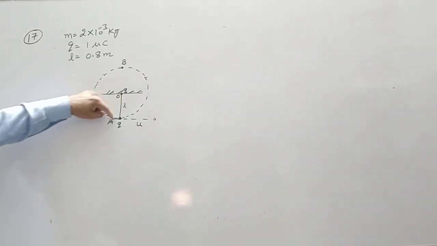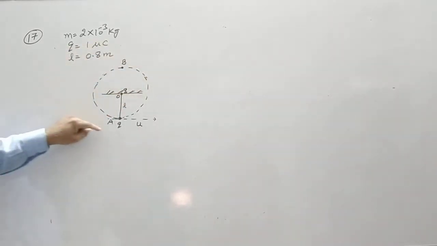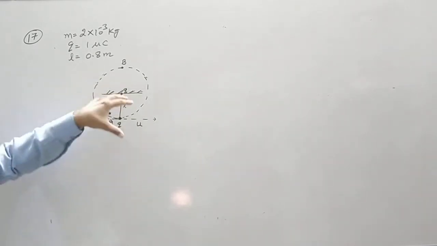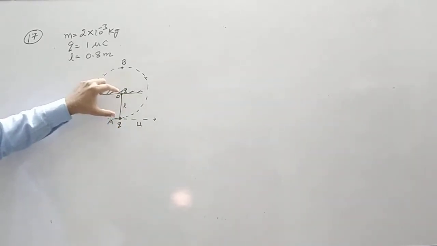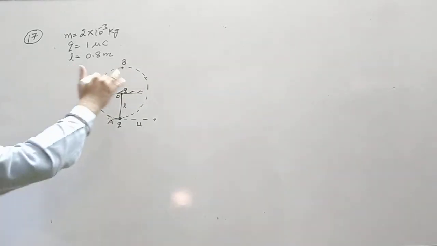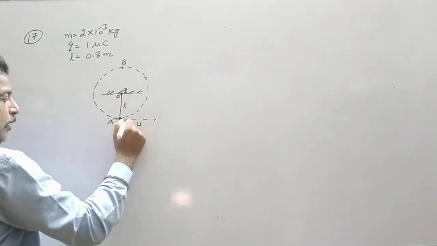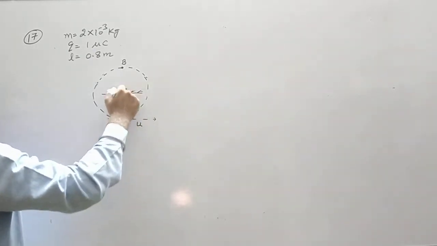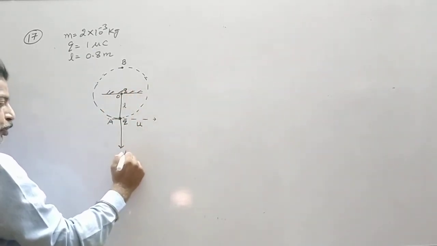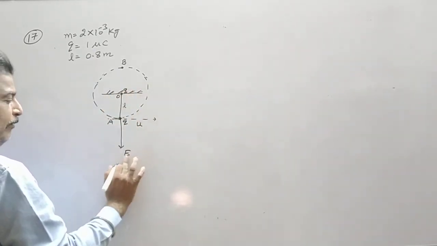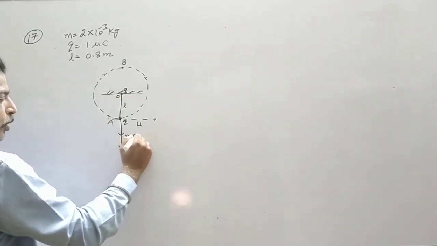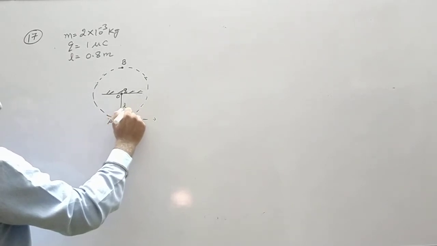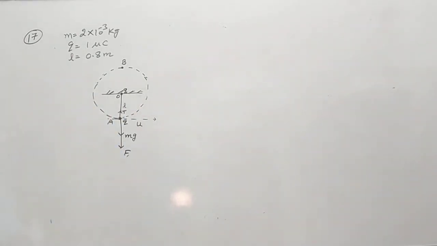When it is moving on a circle, its speed will keep on changing and the centripetal force will also act on it. Moreover, there is a force of repulsion on them. So if it is hanging like this and another charge is kept here, this will be equal to F, that is the repulsive force. Mg is also downward and we have a tension in the opposite direction, that is, the string is stretched.